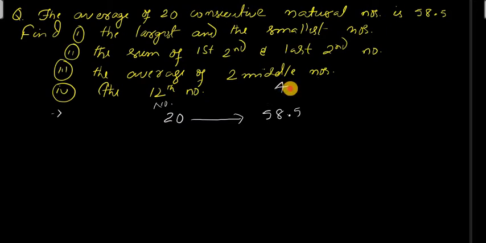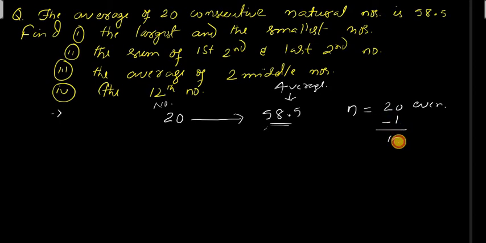So n equal to 20, which is even, so the average of the middle numbers is 58.5.